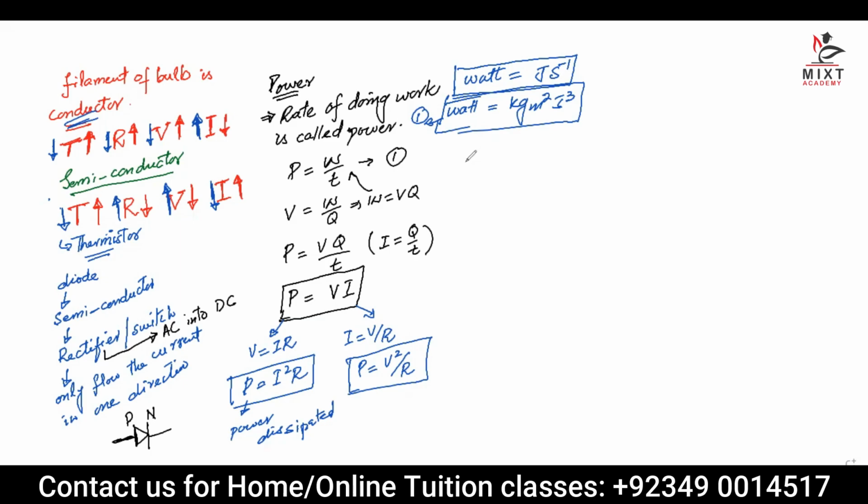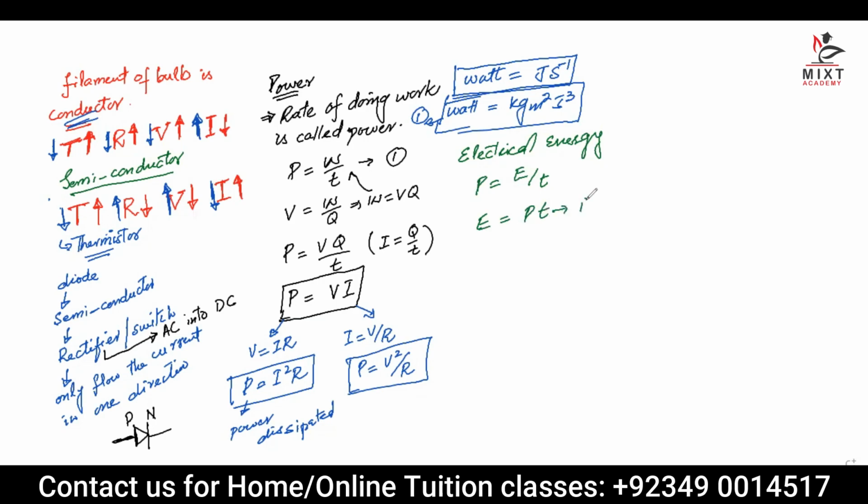Now, coming toward another definition which is connected with power, that is electrical energy. As you know, power can also be written as energy divided by time, or energy is equal to P into time.